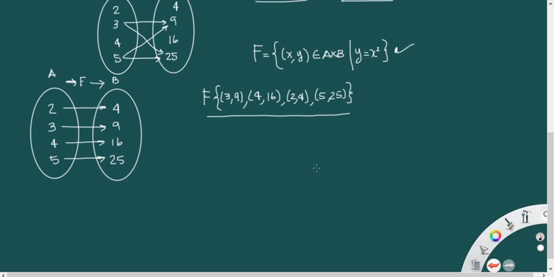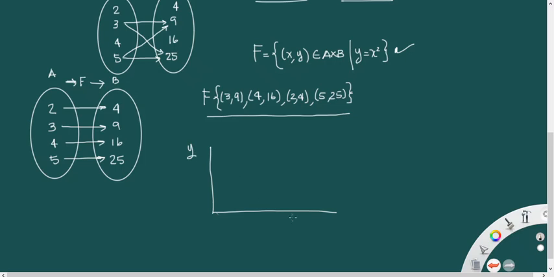So one of the requirements for a function is that we cannot have several values of y from a single value of x. In this case, there is a proof for that.